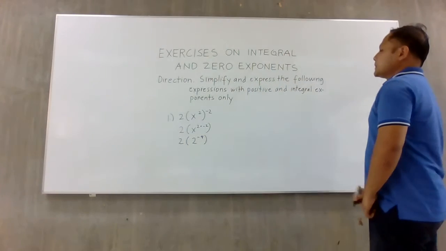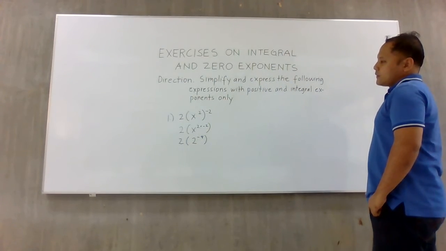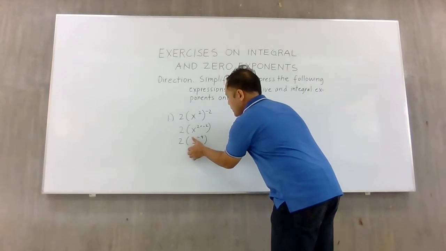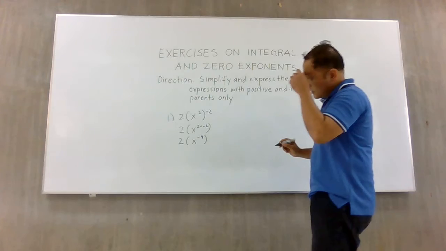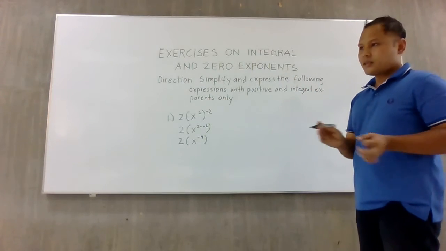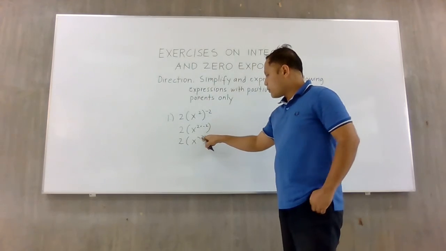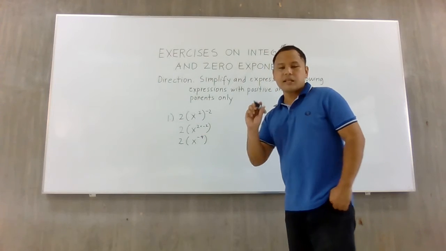No, this is x, sorry. That's x. Next, we have to make negative 4 a positive exponent.